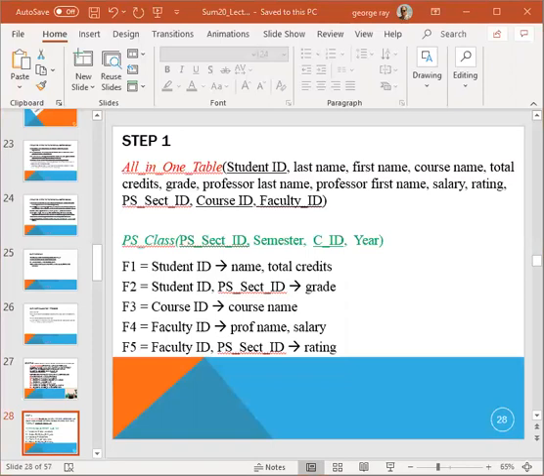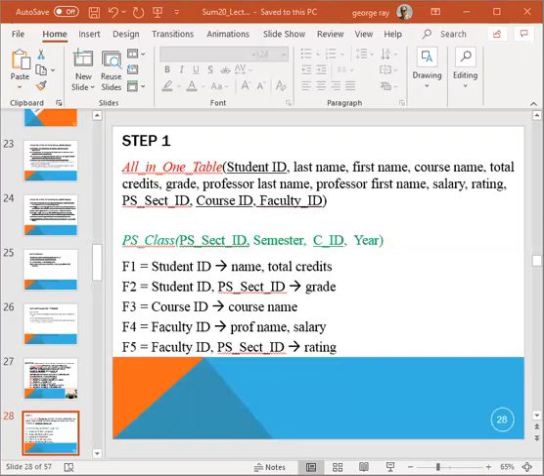Now we've already taken care of the PeopleSoft class ID and course ID determining semester and year. We still have student ID determines name and total credits, and student ID and the PeopleSoft section ID determine grades taken for a course.